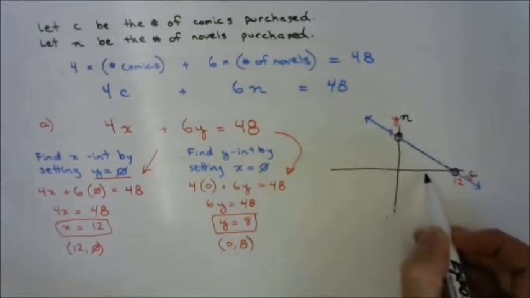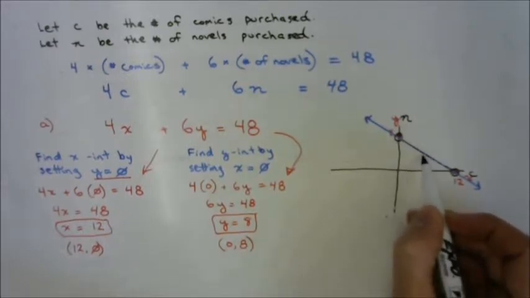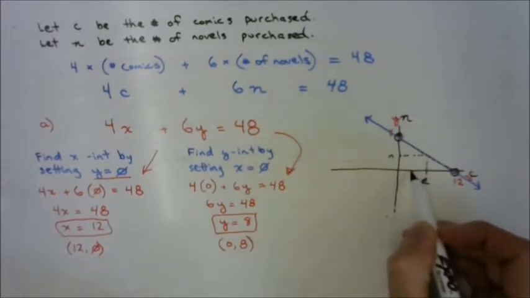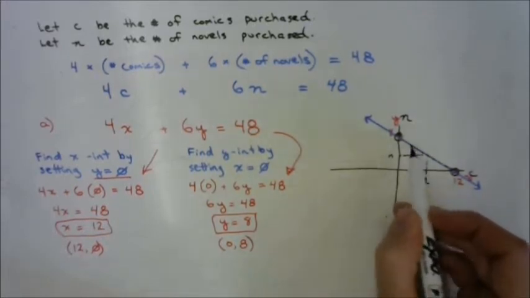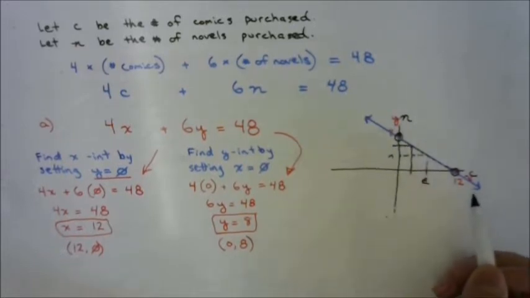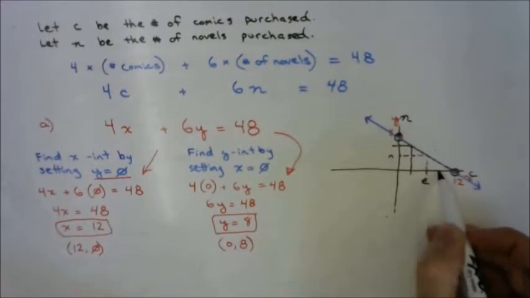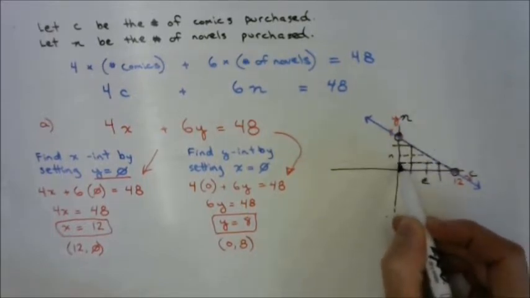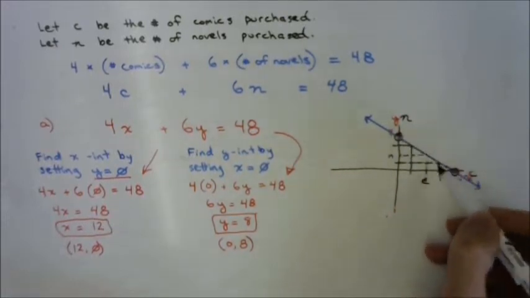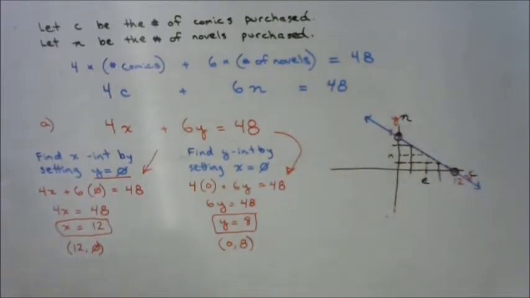So if I went down here at however many comic books this is, she would be able to buy this many novels. If she bought fewer comic books, she'd be able to buy more novels. If she bought more comic books, she'd be able to buy fewer novels. But all along, she's maxed out at $48.